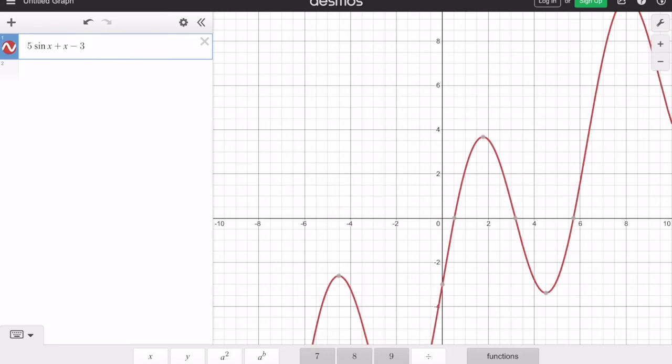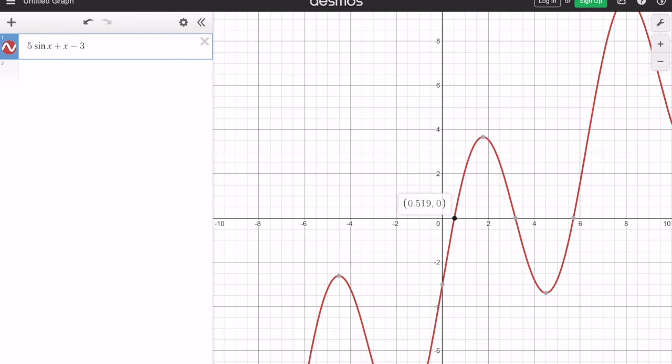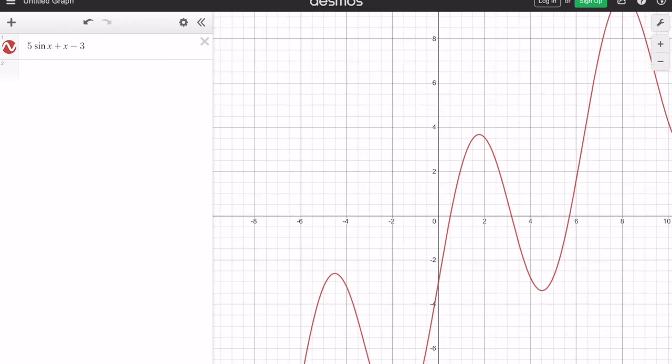So where this graph crosses the x-axis should be our x values. So our x values are when x is 5.52, if you want to round, when x is 3.2, and when x is 5.7. Those are our 3 values, our 3 possible answers for this equation.